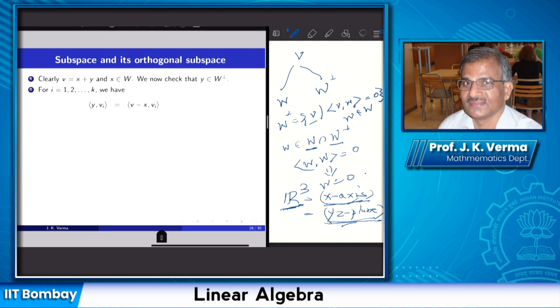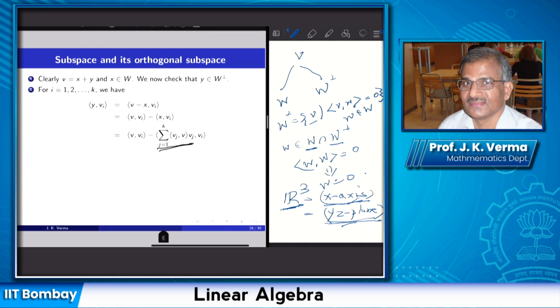To prove that y is perpendicular to every vector in W, I need to take the inner product of y with Vi and show that it is equal to 0. So let's put the formula. The inner product of V minus x with Vi is the inner product of V with Vi minus the inner product of x with Vi. I know the formula for x. x was the sum of the projections of V in each of the directions Vi's.